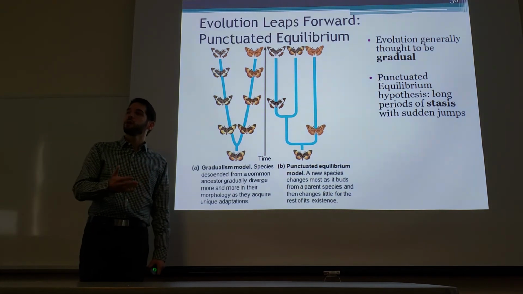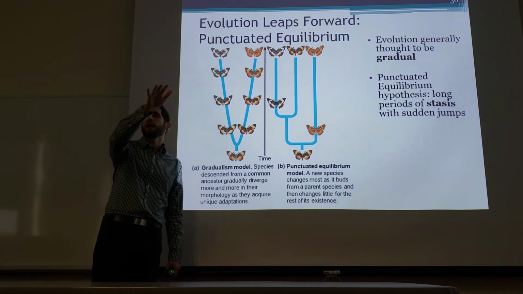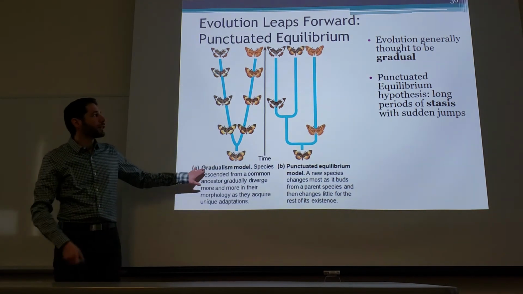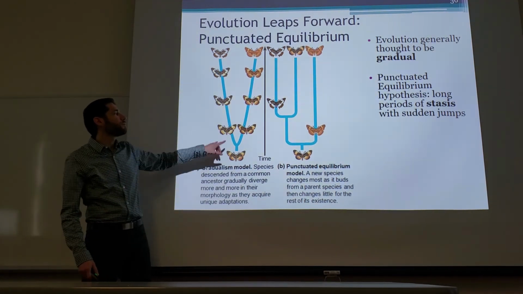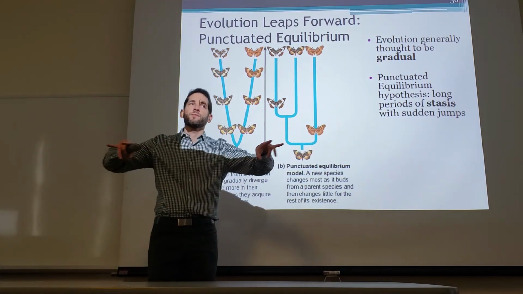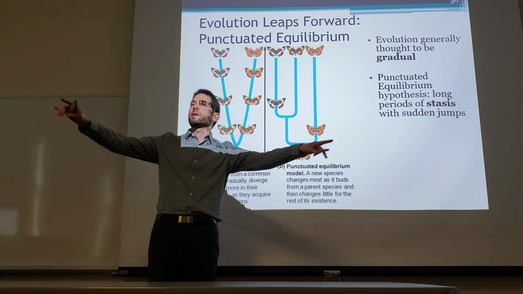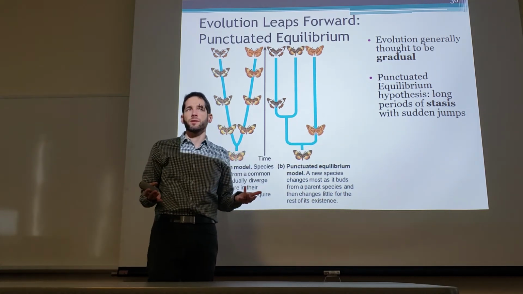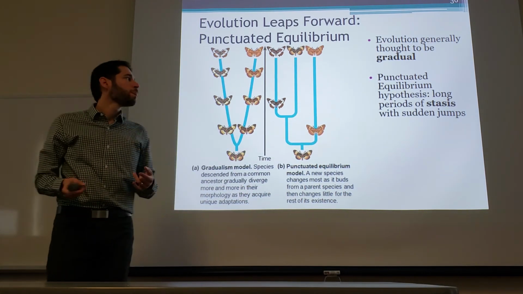Makes more sense, like the video with the rabbits, you had slow change, right? Gradualism, slow change. If you've got a butterfly that ends up in two different places, the two different types of butterflies may diverge slowly and steadily until they both look very different 1,000 years later, right?